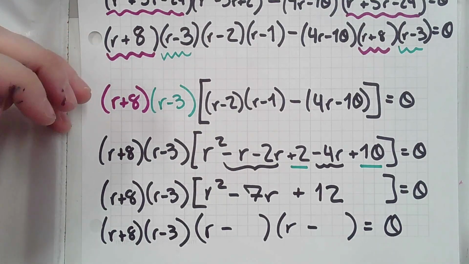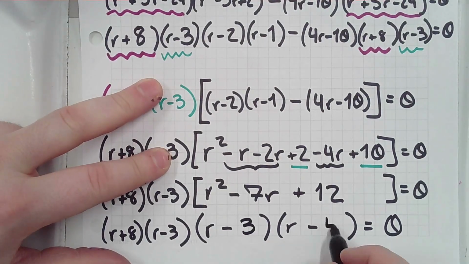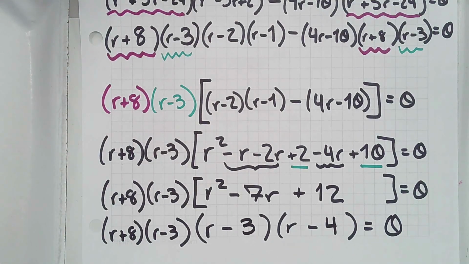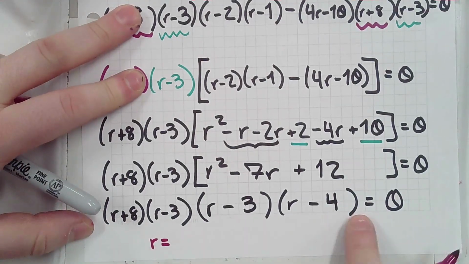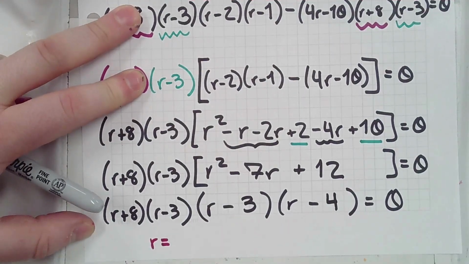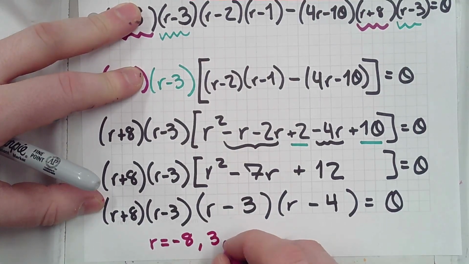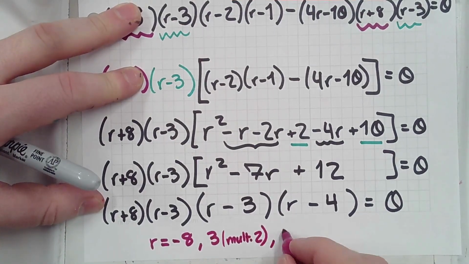Well, we got 12 and 1, 6 and 2. Those don't work, but 3 and 4 are the ones we want, right? They'll multiply to a positive 12 and add to a negative 7. So now we've got our answers. If any of these become 0 because they're all timesing, the whole thing will be 0. So negative 8, 3 with a multiplicity of 2, and 4.